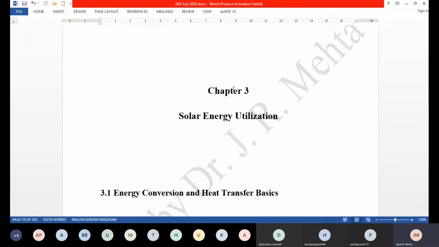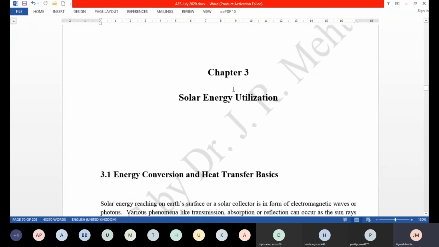Right. So I would give you some questions as assignment for the previous chapter. The syllabus mentions solar energy as a single chapter. I have just divided it for convenience into two parts because it's a bit lengthy chapter, and conceptually also you can divide it into two parts. So I've divided it into two parts.